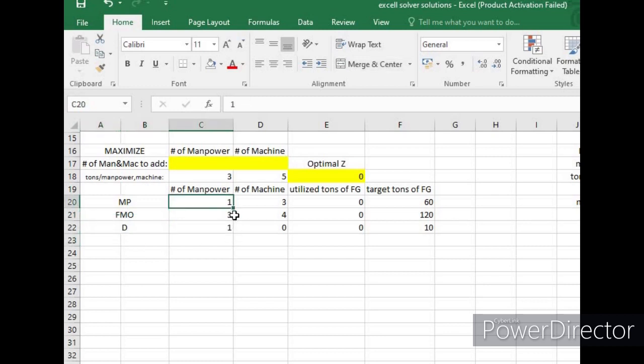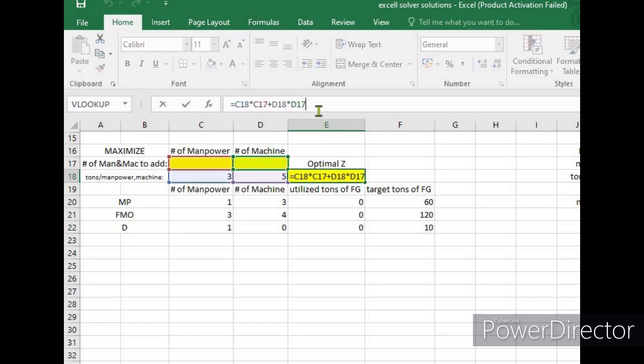So these are the coefficients of those constraints. Here you will see the utilized tons of the raw materials of the target tons. So here you have a formula. The formula for the optimal Z is just the sum of the product of this one and this one, and the product of this one and this one.